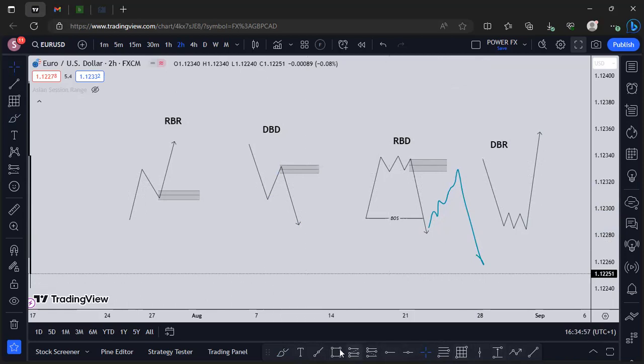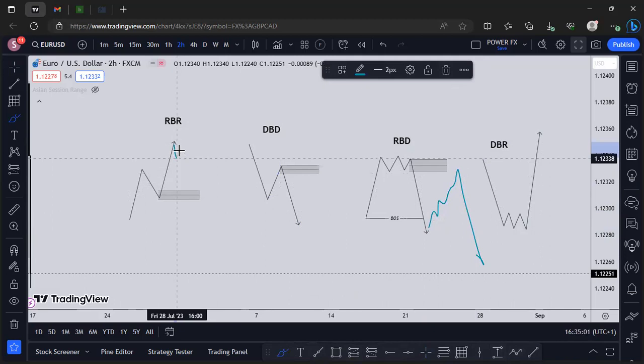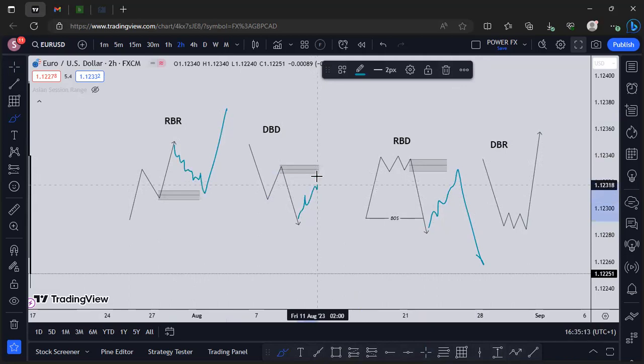As to this one, a continuation trend, we want to look out for price to rally, tap on our base, then continue its movement. This one also, price rallies all the way to the upside, taps on the base, continuation to the downtrend.